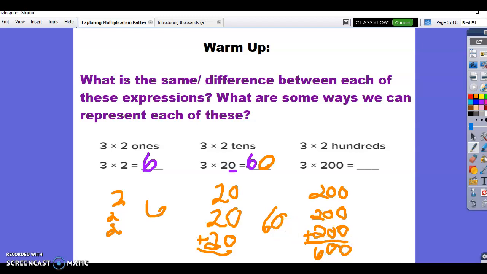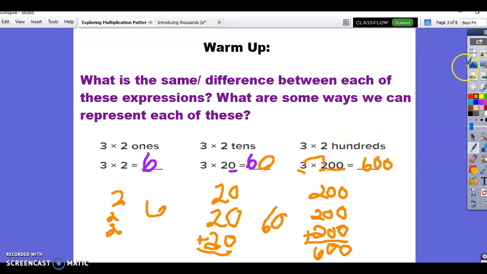But what we're practicing today is knowing our roots, which is 3 times 2 is 6, and then we just have 2 zeros to add in. It might look like it's harder because we're getting to bigger numbers, but it is just as easy as adding zeros to the end of the equation.